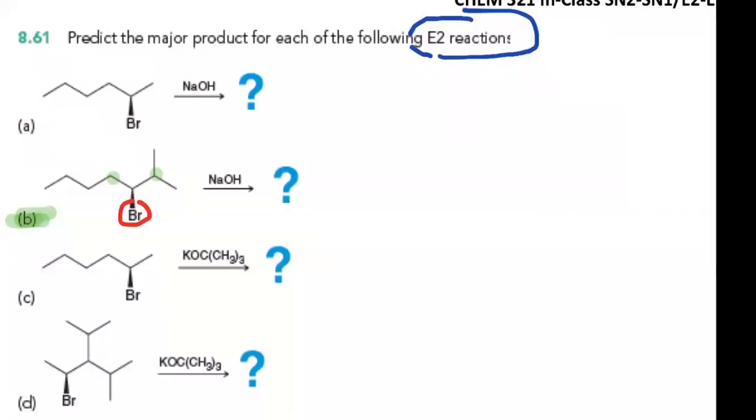And every elimination is going to give you a pi bond. And for the E2, you need a strong base, right? And it's giving you right here that sodium hydroxide is a strong base. So all of those are clues toward that, but the problem actually told you that it was an E2. So with the E2 elimination, we should get this product.